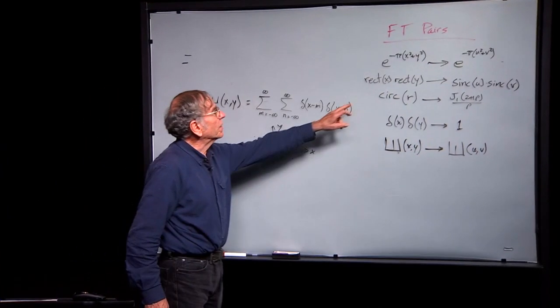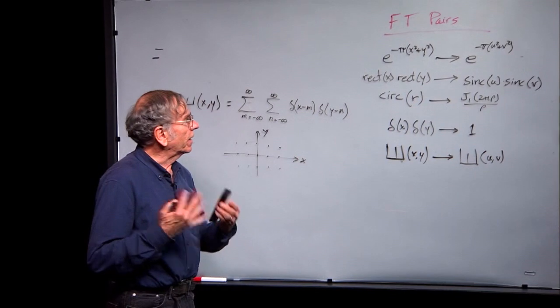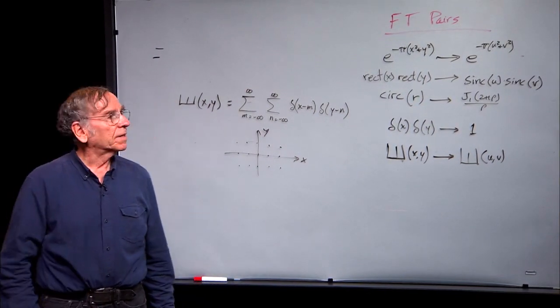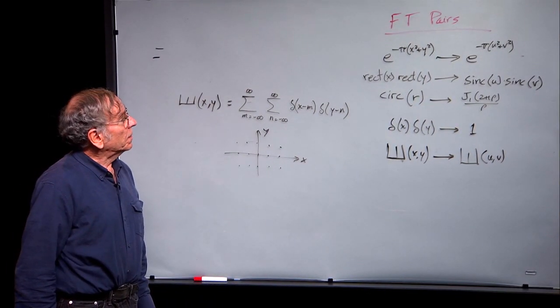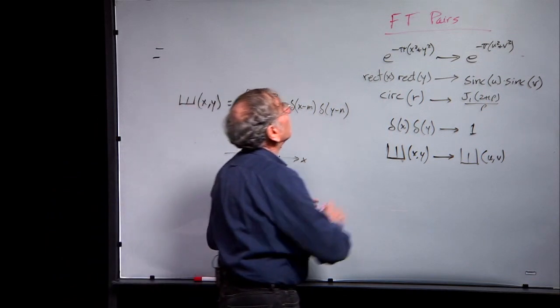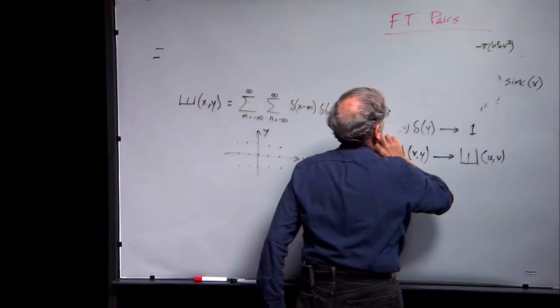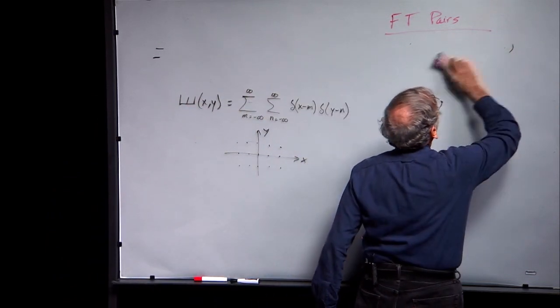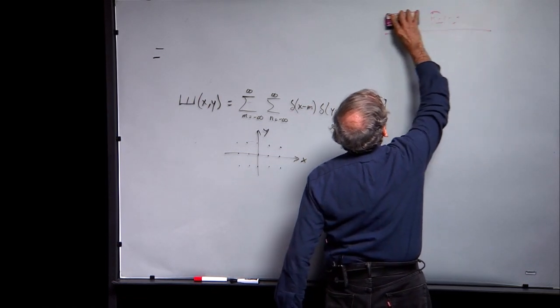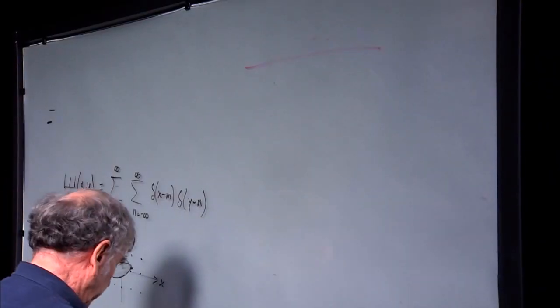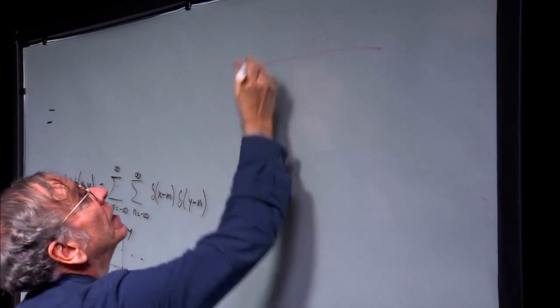The only function that's really new is this circ function, and it's the same kind of idea as the rect function. What about the Fourier transform properties? And the properties are interesting because there are a couple new properties that are made possible by the fact that we're working in 2 dimensions.